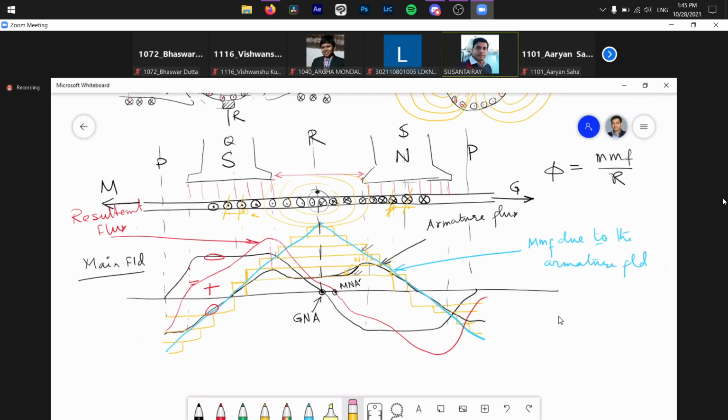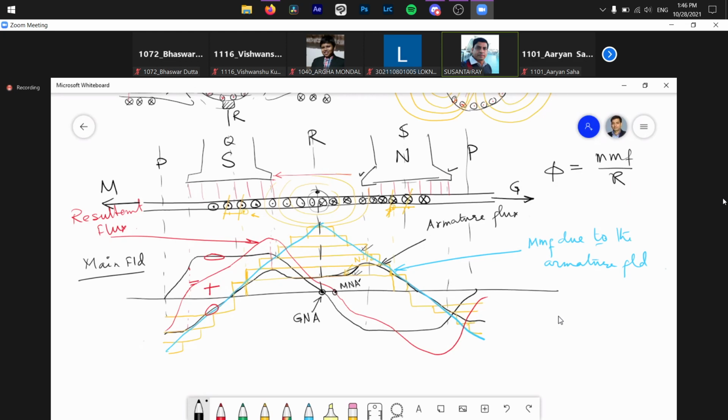Okay. Now, as this is the case, during this rotation, which pole tip will come first? Look, when this is rotating, which pole tip will come first, this tip or this tip? The left one will come first.